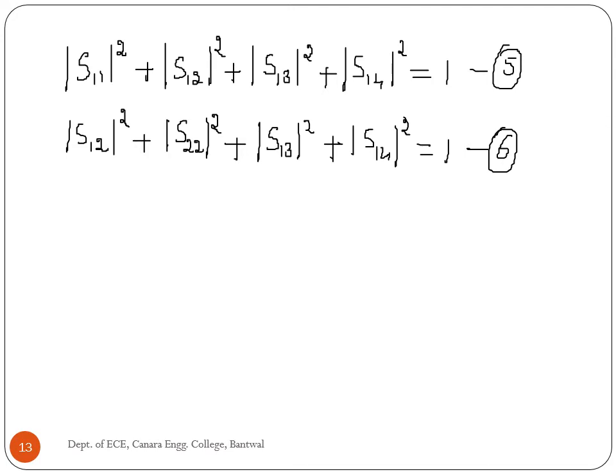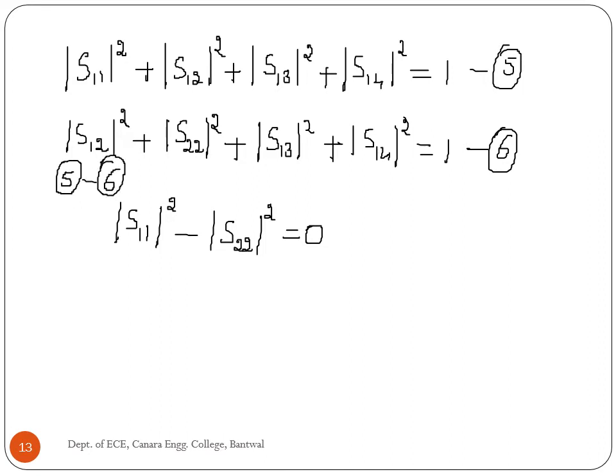Subtracting these two equations, we will get S11 square minus S22 square is equal to 0, or S11 equal to S22. Equation 7.